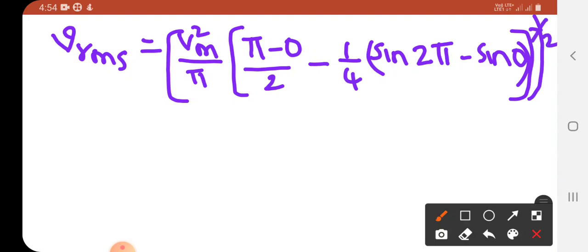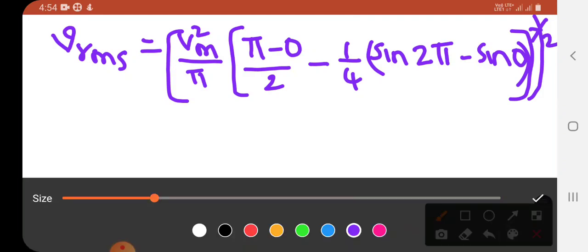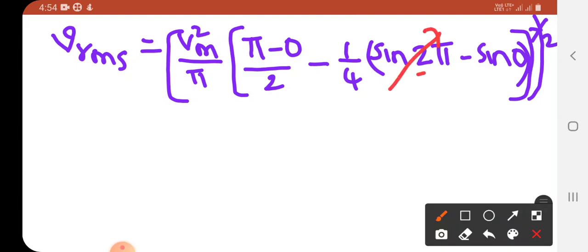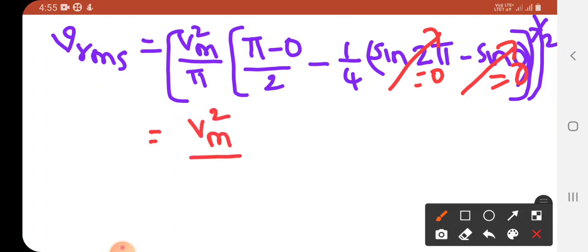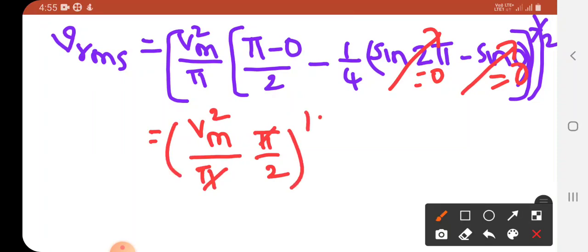So here what is the value of sine 2 pi? Sine 2 pi value is 0, and sine 0 is also 0. Then what is the remaining thing? Only pi by 2 is there. This can also be written as Vm square by pi into pi by 2. Even pi gets cancelled, whole power 1 by 2.